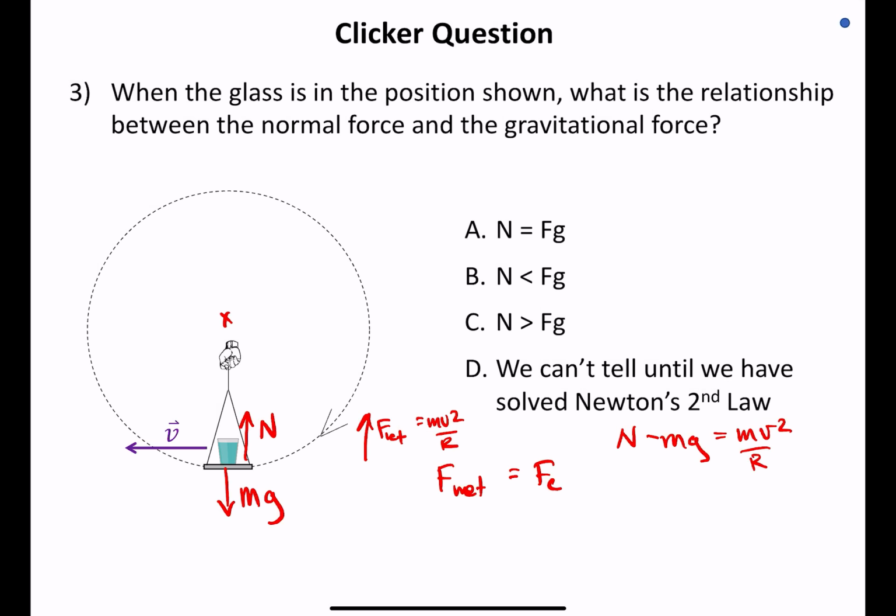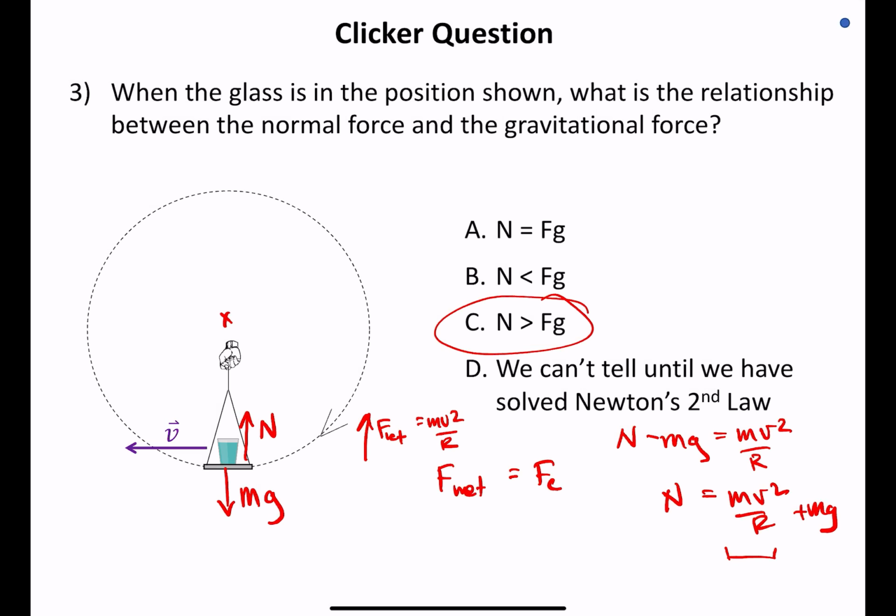Now this tells us that our normal force must be greater than our force of gravity. Why? You can look at this mathematically and see that we can move the mg over to the other side of our equation. So then we have mv squared over r plus mg.